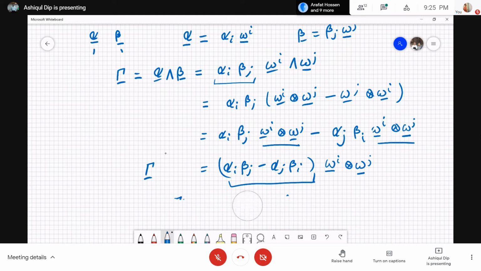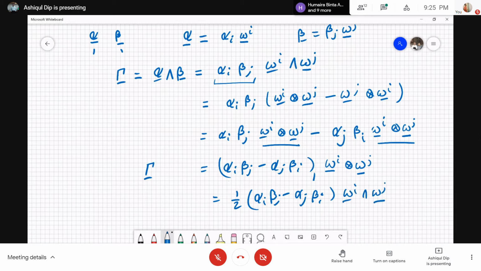It's a two form, so all you have to do is write half of alpha I beta j minus alpha j beta I times omega I wedge omega j, as we saw earlier. So this is the algebra of this wedge product. It will come handy later.